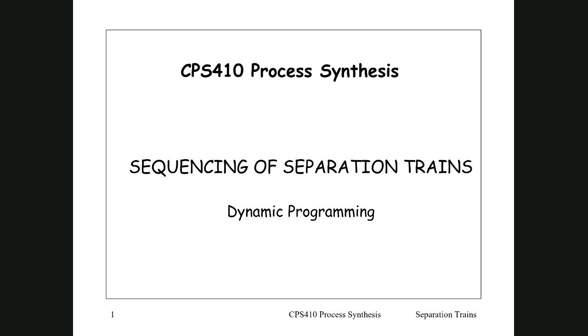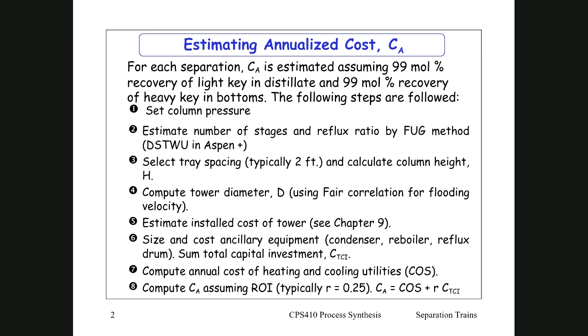Right. So dynamic programming is just an optimization technique. So when we're sequencing separation trains, let's go on to the next slide. You'll remember this slide we've talked about before. Let me get my pointer on.